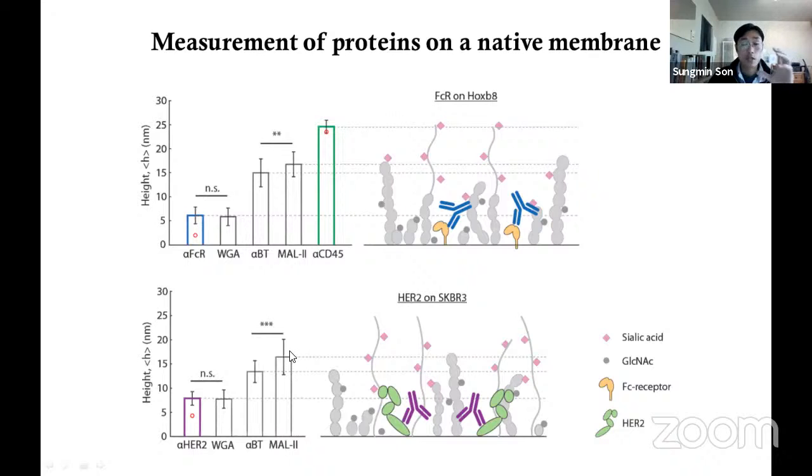Most interestingly here, the famous cancer antigen HER2 seems to be buried in this general protein height, because trastuzumab, a therapeutic antibody that targets the membrane-proximal domain of HER2, has an average location significantly lower than the average protein height.